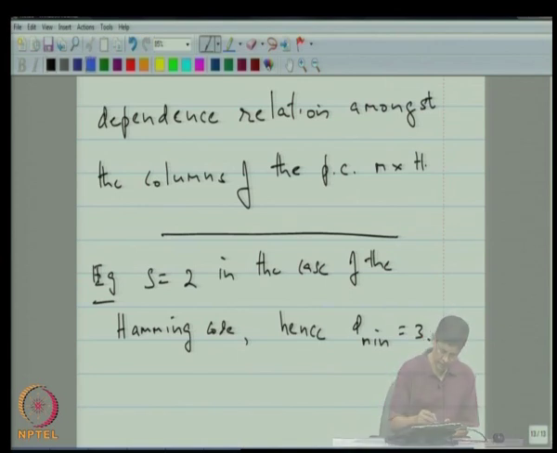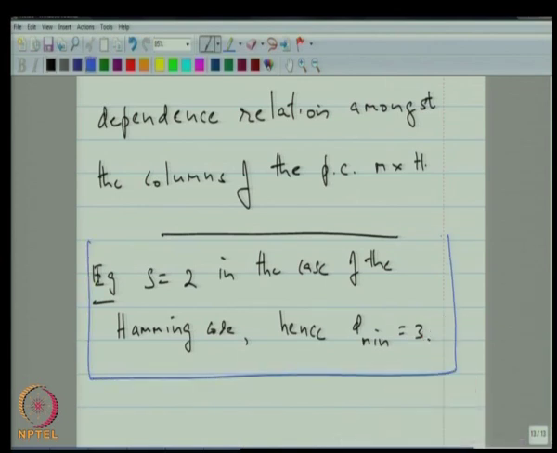Now, we have seen that earlier. So, this is an alternative and perhaps the simplest way of actually finding the minimum distance of a Hamming code.